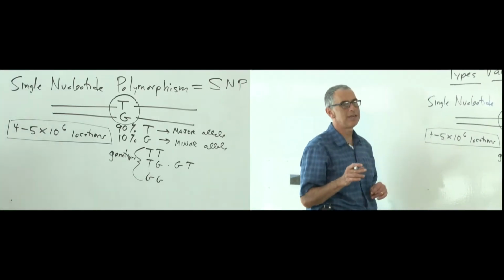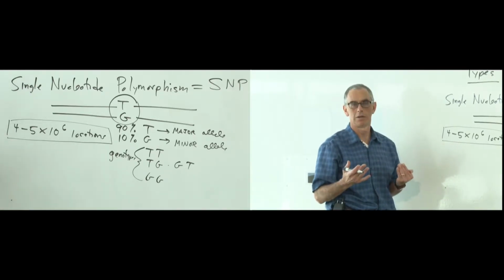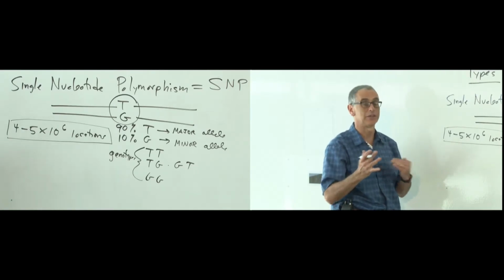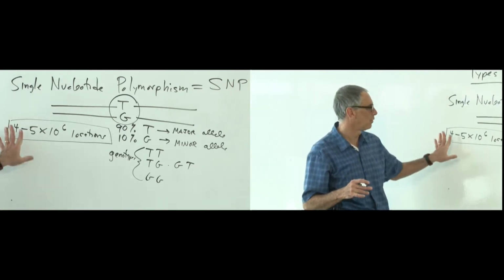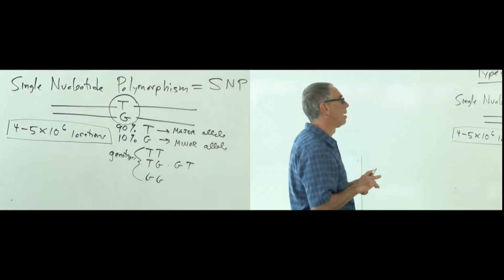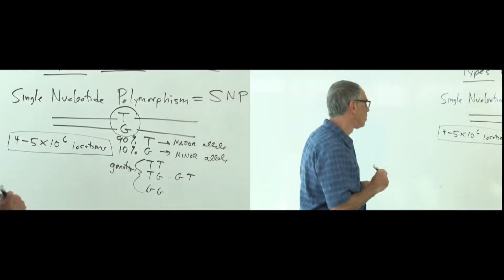Now, I should say that if you're comparing yourself to a sibling, those numbers get much smaller because there the differences are just based on what you inherited differently from your two parents. But I'm talking for unrelated individuals. So that's a SNP, most common variation in the human genome. It's also the most easily measured.